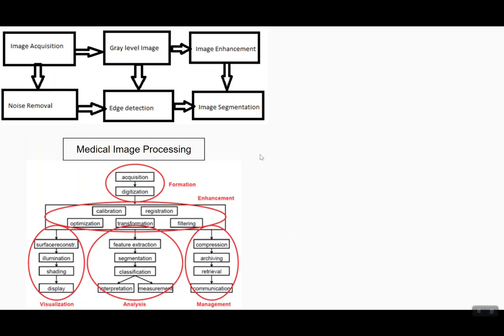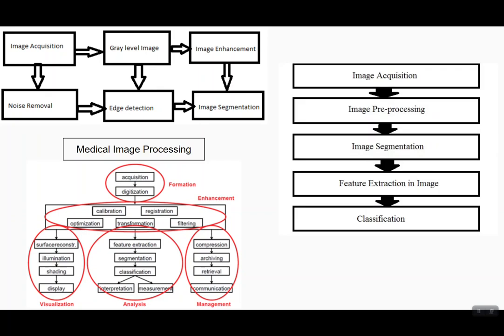When we talk about medical image processing, we will discuss the commonly used processes in acquiring desired information from a digitized image. Again, a similar process: acquisition, pre-processing, segmentation, feature extraction, and classification.